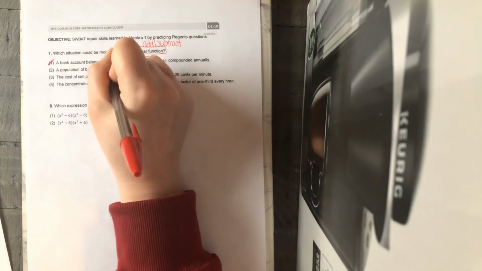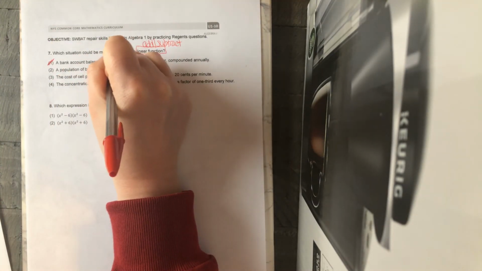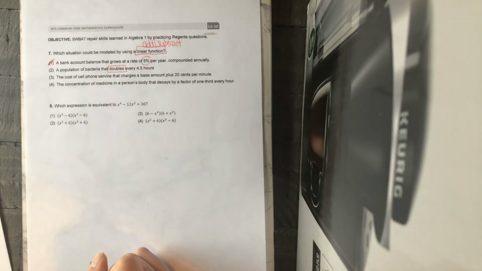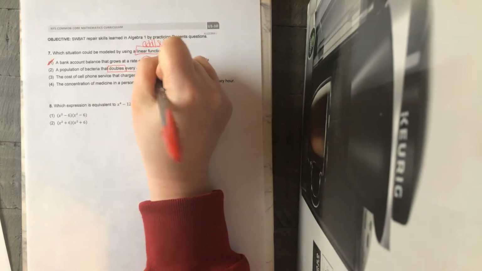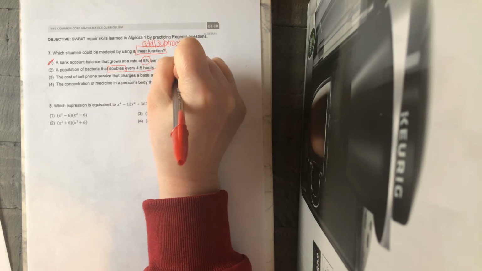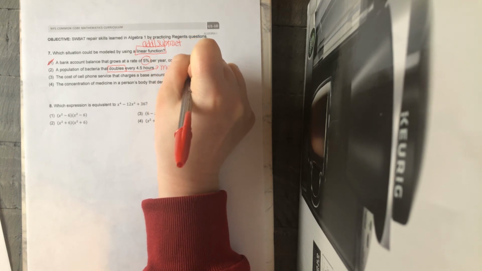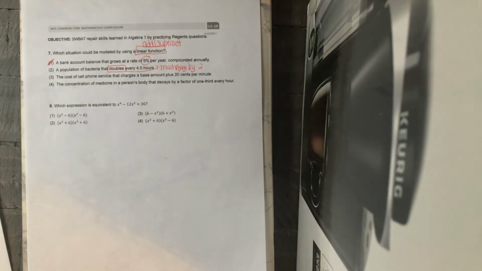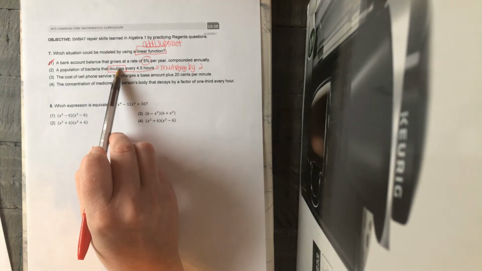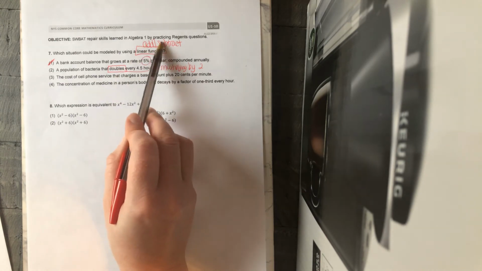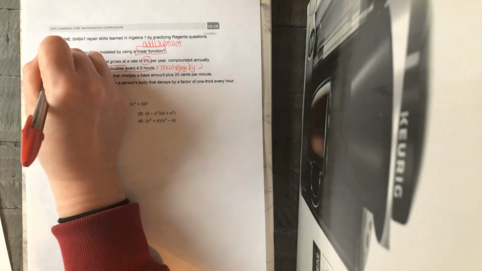Number 2, I'm seeing that keyword doubles again. I know that if something is doubling, it means that I'm multiplying by 2. Just like if I was tripling is to multiply by 3. So this couldn't be the answer either, because again, I'm only using addition or subtraction for linear.